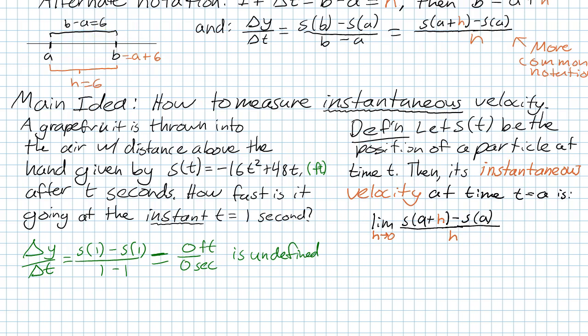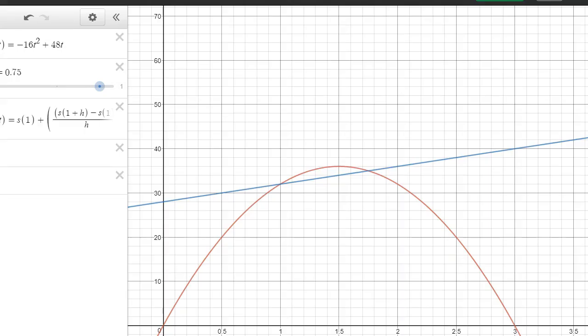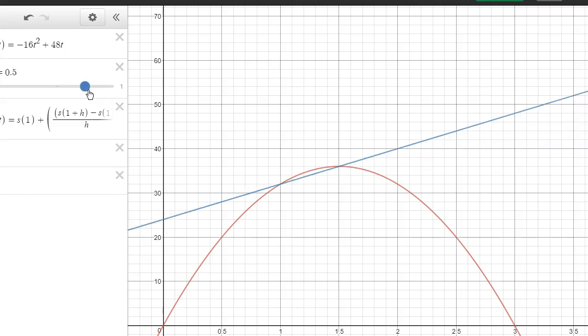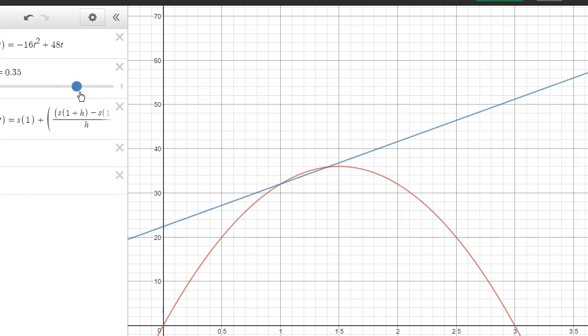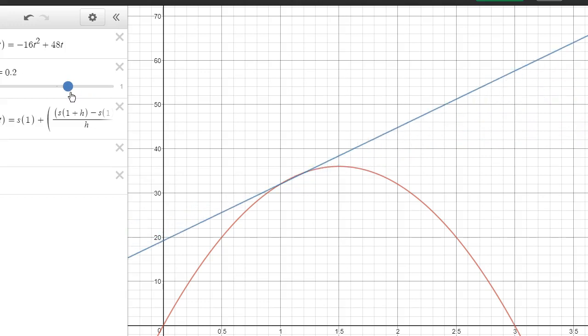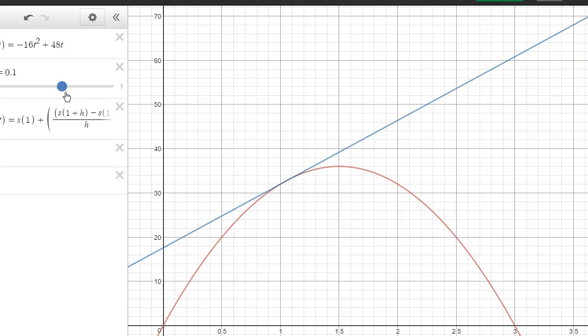And that's what we're trying to do with the graph on Desmos here, is make the distance between these 2 points get closer and closer to 0. And I can make it really close to 0 and get an idea of what that slope is. I can calculate that, but if it's equal to 0, it's undefined.